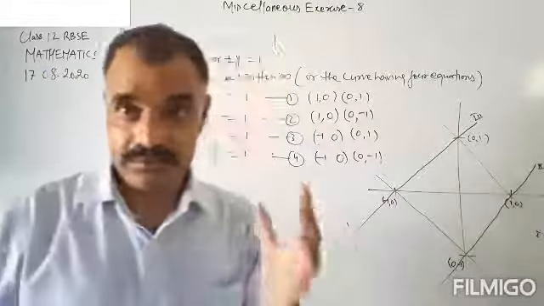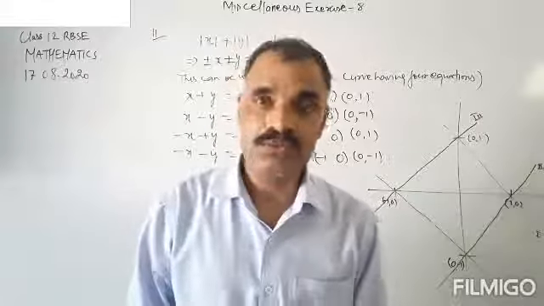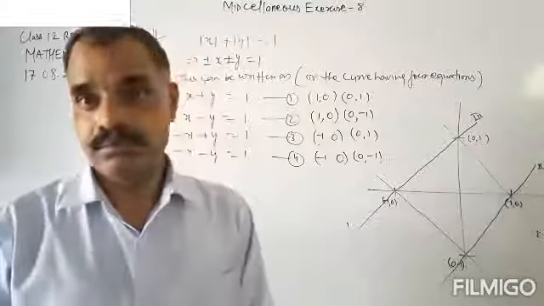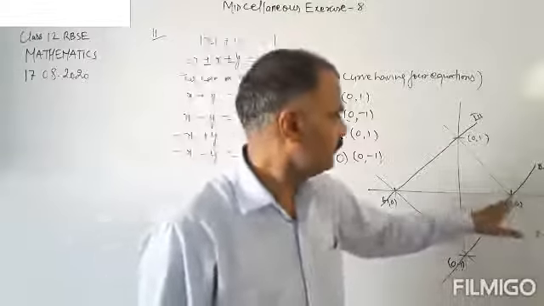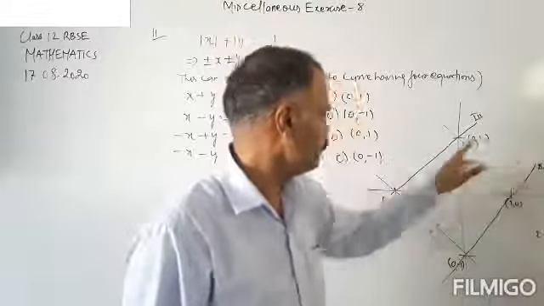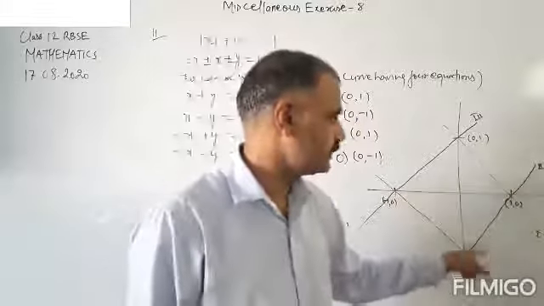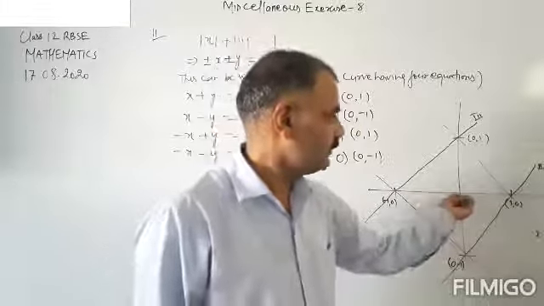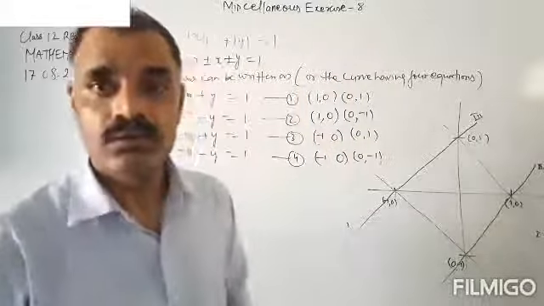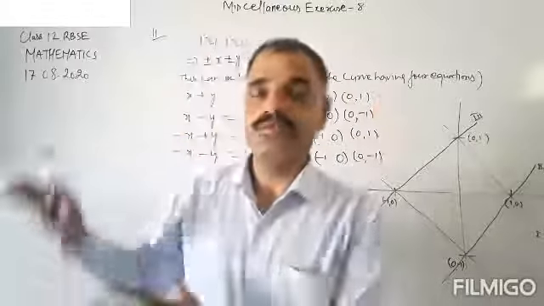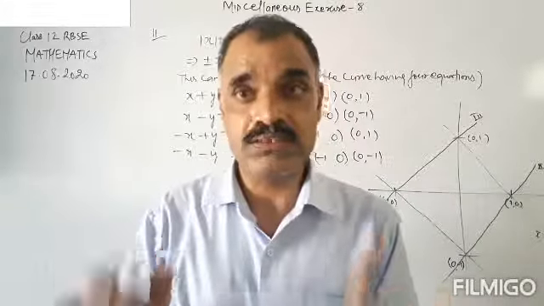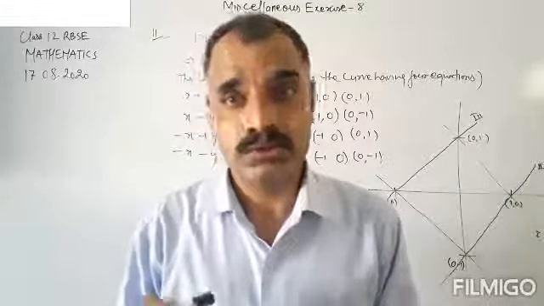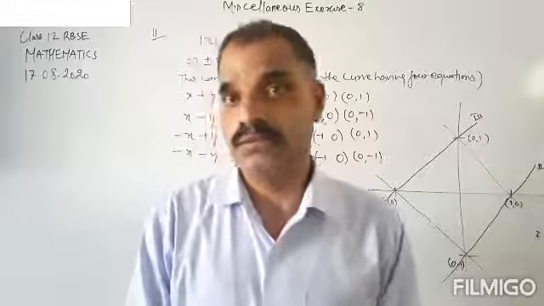This is a square in shape, having vertices (1, 0), (0, 1), (minus 1, 0), (0, minus 1) and center at the origin. So this is the rough sketch of the given curve. This is the first part of our solution.